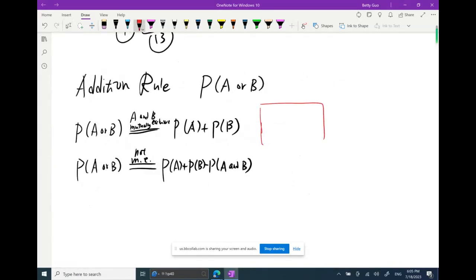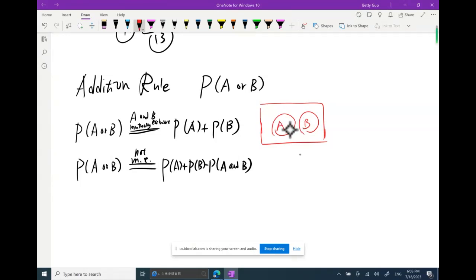The first case, when A and B are mutually exclusive, remember events are subsets of sample space. So A and B are mutually exclusive means A and B are disjoint. They have no common members, no common parts, no overlapping parts.